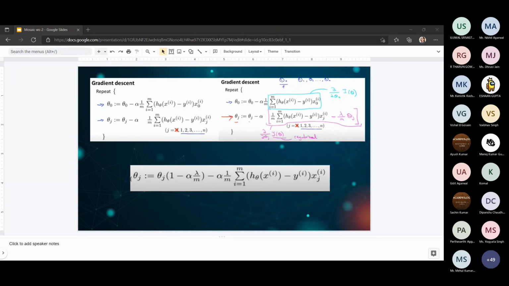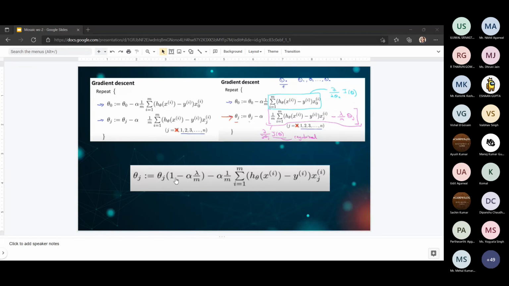Now if we group the terms which are dependent on theta j, we will get an equation like this one, where theta j is equal to theta j into 1 minus learning rate into lambda by m, and this is the normal update term of gradient descent which we have seen in linear regression without regularization.